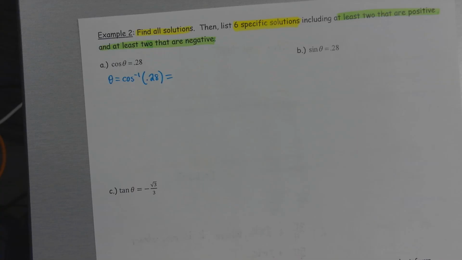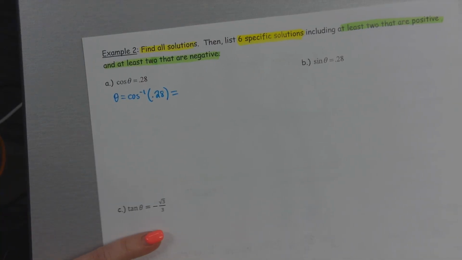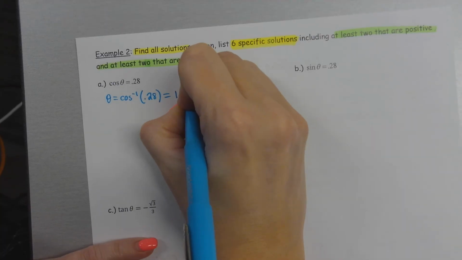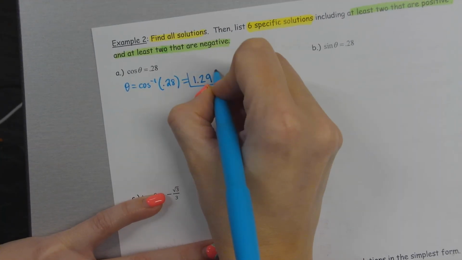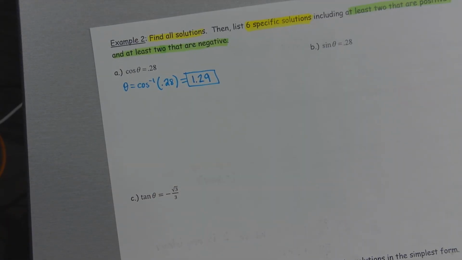And then, Elliot, when you got that, will you tell me what you got for the inverse? 1.29. Nice. 1.29 is what you guys should have got. So that is going to be one of the places.